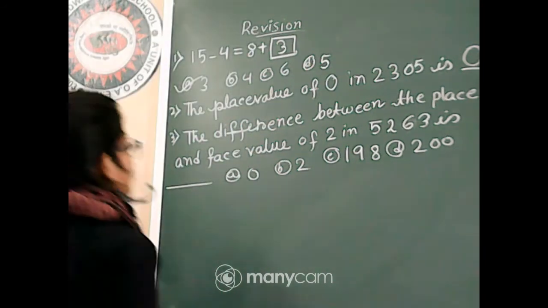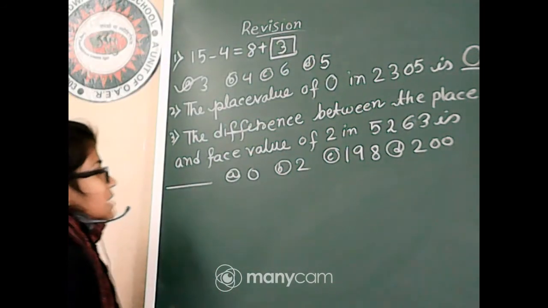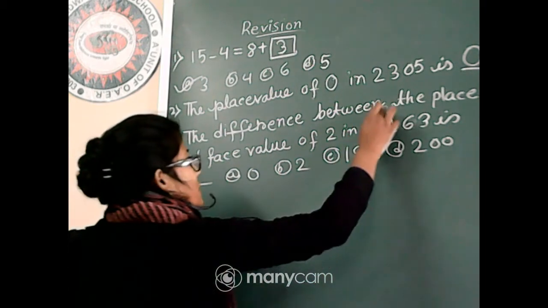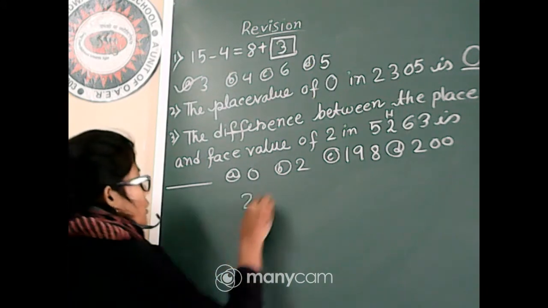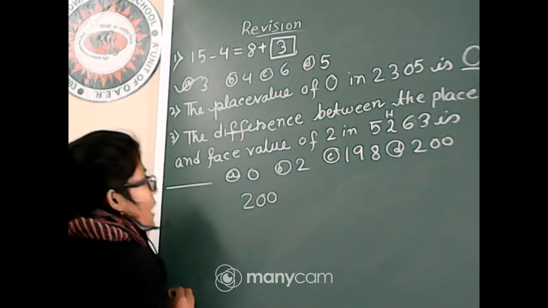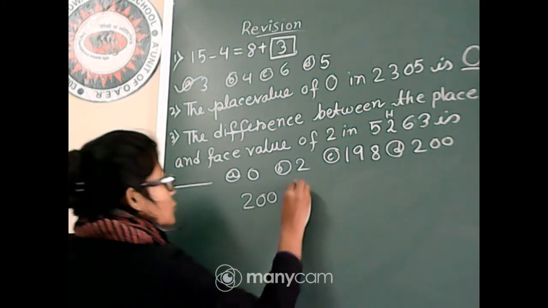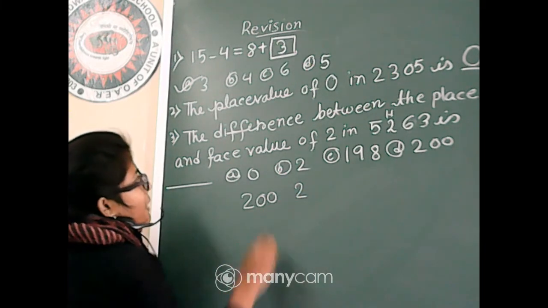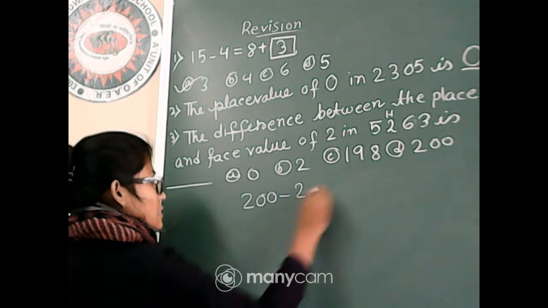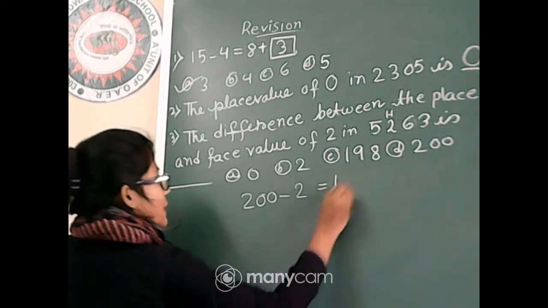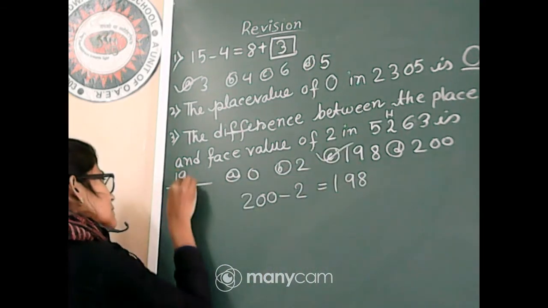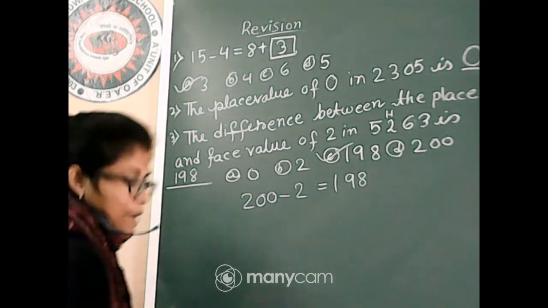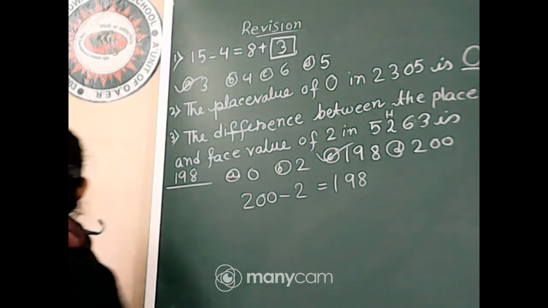So, the difference between the place and face value of 2. See students, 2 here is in the hundreds place, isn't it? So 200 is the place value. And what is the face value? 2. Now they are saying difference, which means subtraction. So if we subtract, we will get 198. So 198 is the answer. Does everybody understand now? Very good.